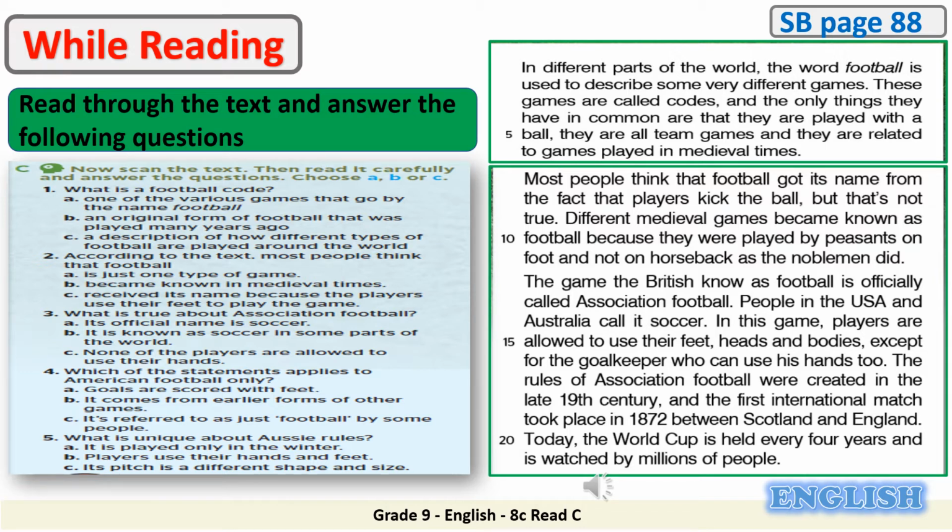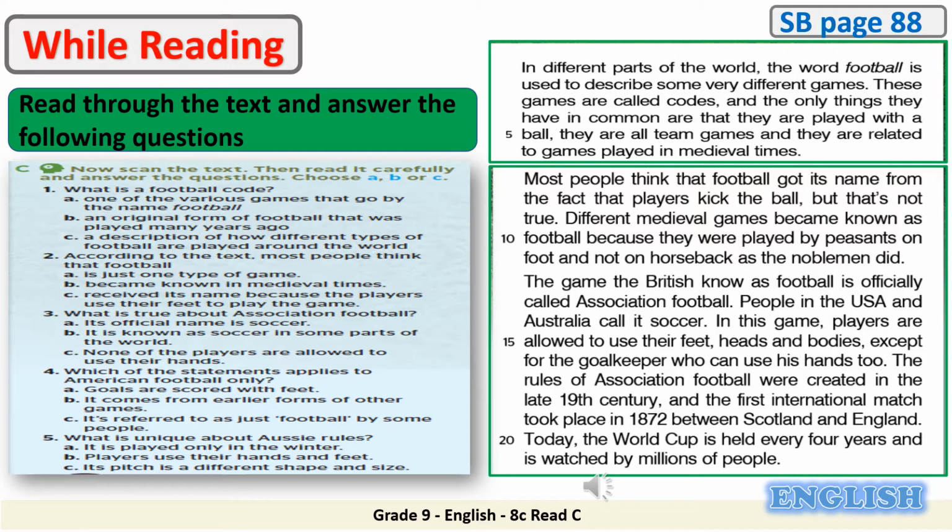They are all team games, and they are related to games played in medieval times. Most people think that football got its name from the fact that players kick the ball, but that's not true. Different medieval games became known as football because they were played by peasants on foot and not on horseback as the noblemen did. The game the British know as football is officially called association football.